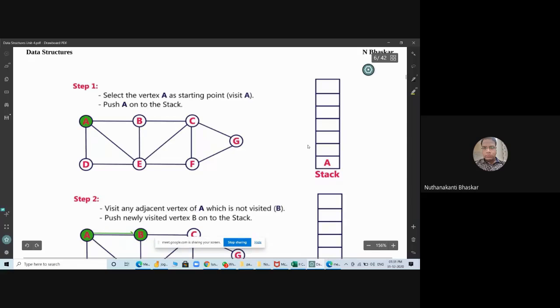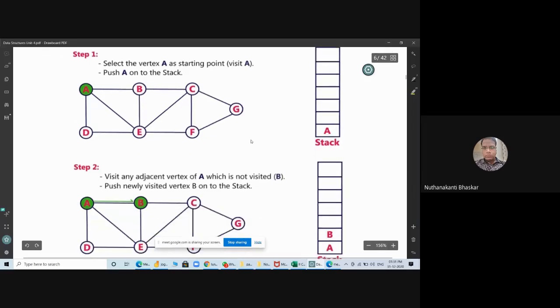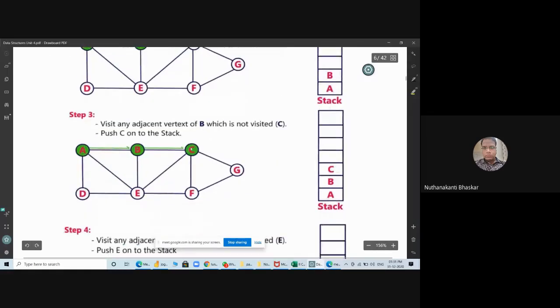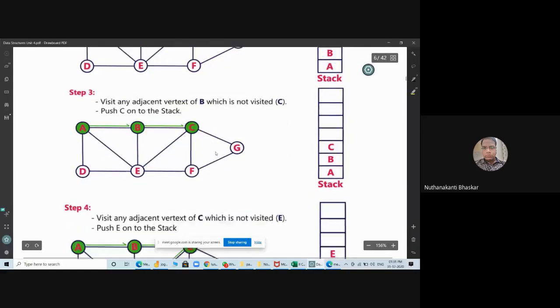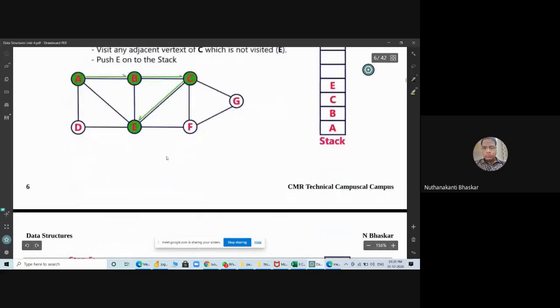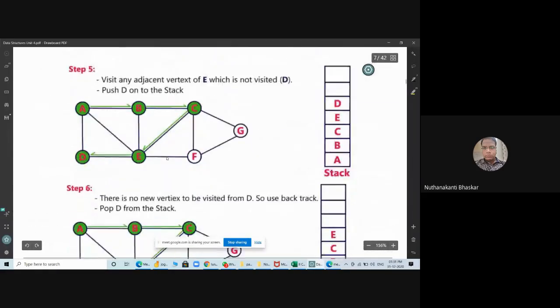For your understanding I used the board, but when you write the examination, you need to write this stepwise. Next movement. See this order.